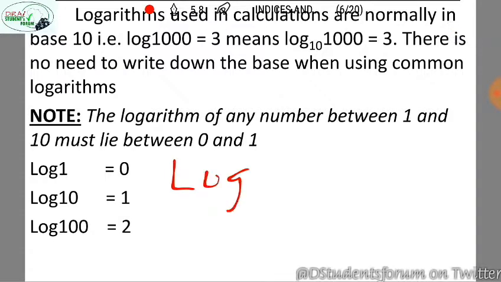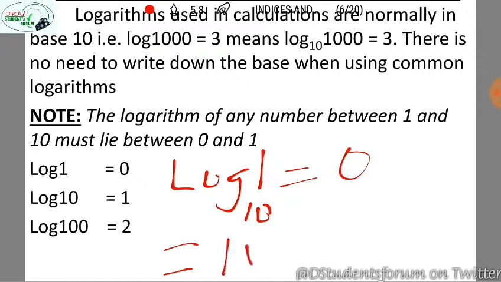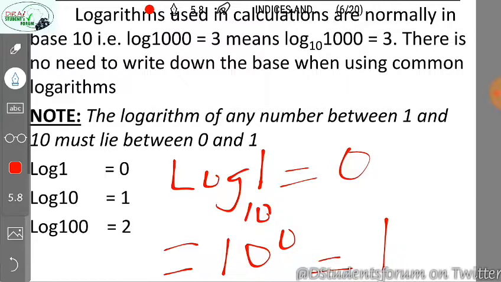Okay, let's start from log 1 equal to 0. Here it means this is base 10, and automatically the index form will be 10 raised to the power of 0. And you know anything raised to the power of 0 will give us 1. So it's the log 1 that we have at the back.